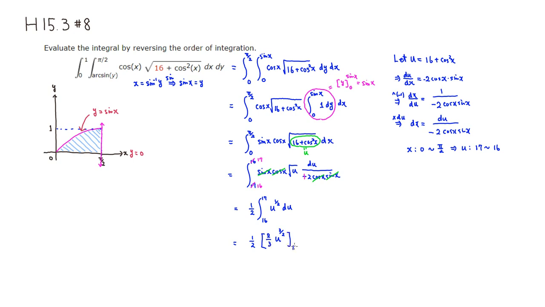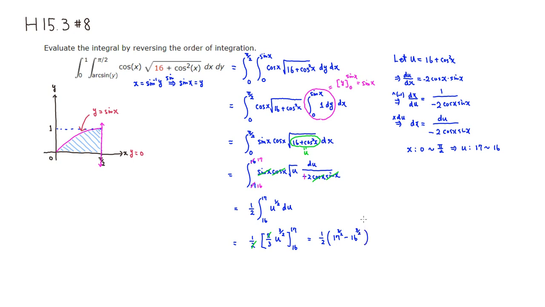Then you're going from 16 to 17, right? So we can cancel 2 on top and 2 on the bottom. So we have 1/3 in front. Then we're going to have 17 to the 3/2 power minus 16 to the 3/2 power, right?